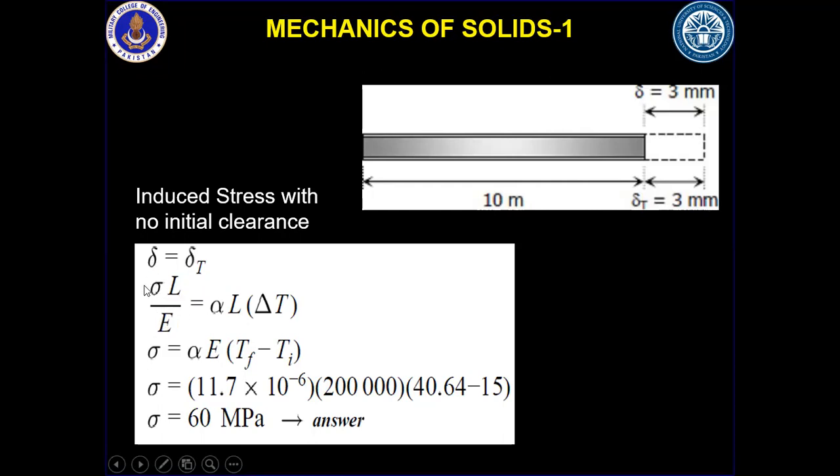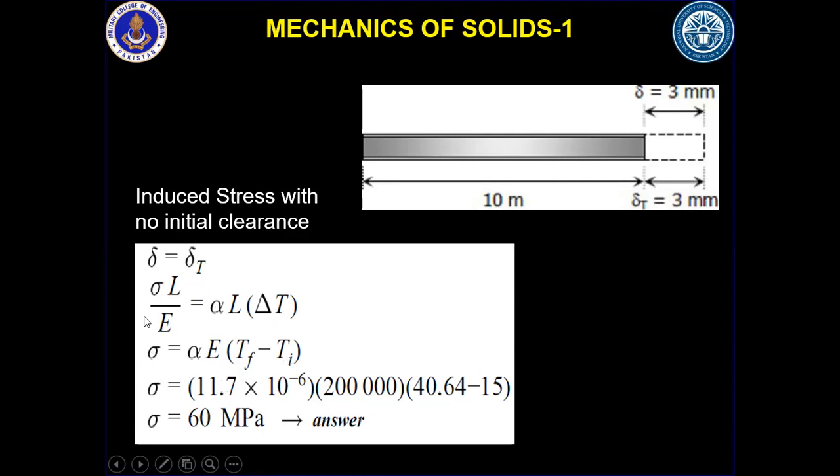Do you remember that? I hope so, because PL over AE is the deformation, that initial deformation within the material. Now that P by A could be replaced with sigma, because stress is equal to force per unit area. So we replaced it over here for sigma. So sigma L divided by E is equal to, we are having the same equation, alpha L into delta T.